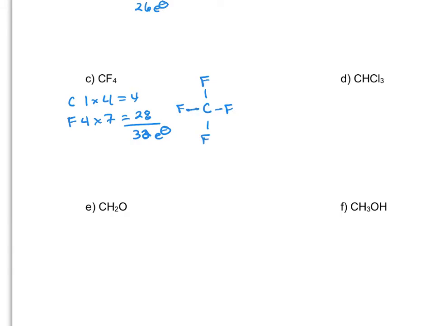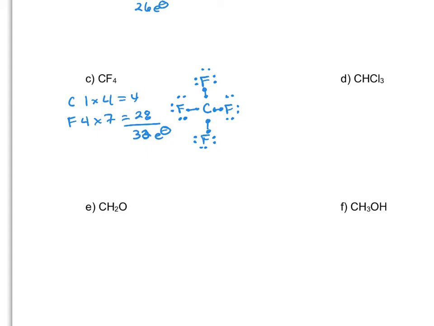So now we have used, of our total of 32 electrons, 2, 4, 6, 8 of them. So we've got to add the other 24 electrons around the periphery. 2, 4, 6, 8, 10, 12, 14, 16, 18, 20, 22, 24.